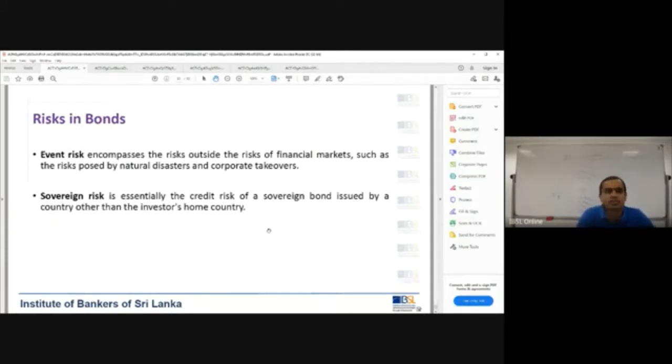Event risk, right? A sudden event like maybe a sovereign default, a tsunami, anything can happen. It encompasses the risk outside the risk of financial markets, such as the risk posed by natural disasters and corporate takeovers. Sovereign risk is essentially the credit risk of a sovereign bond issued by a country other than the investor's home country. Right? So if you invest in a foreign currency bond, there can be issues that the foreign country might not have reserves to repay the loan. It's called sovereign risk.